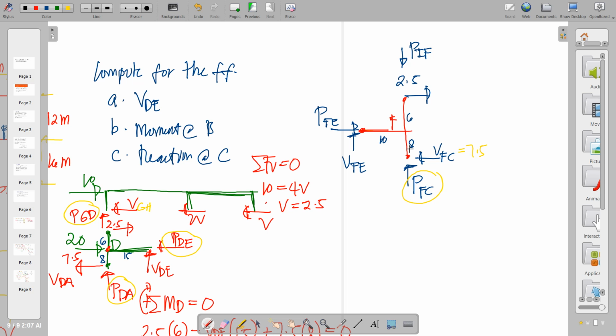So what else do we need? We can take moments at F to solve for VFE. If we know VFE, then we can have another known variable here.